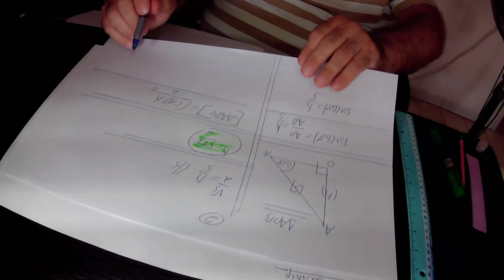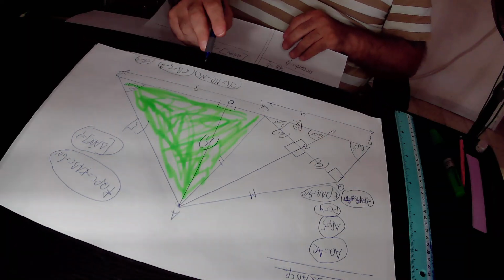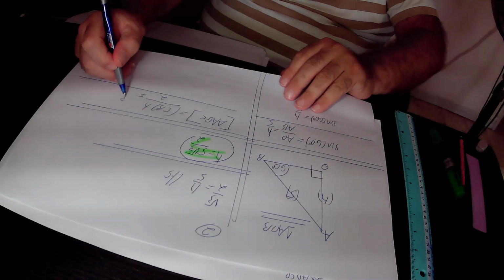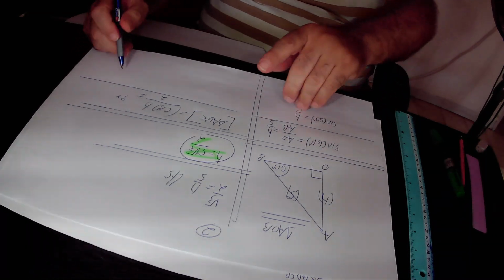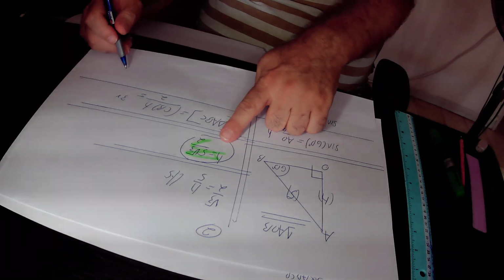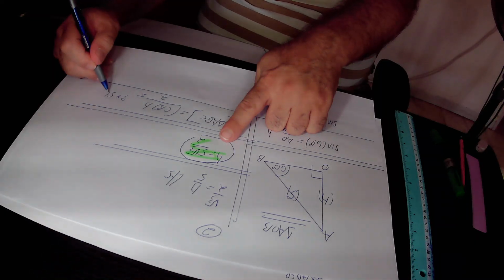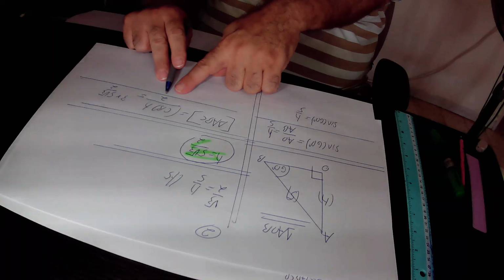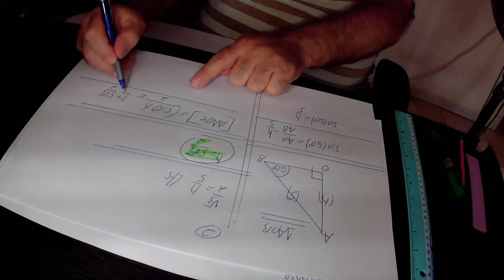We have already found out that CB equals 3 units in its length times h. We have already found out that h equals 5 times root of 3 over 2, and we have to divide it by 2.